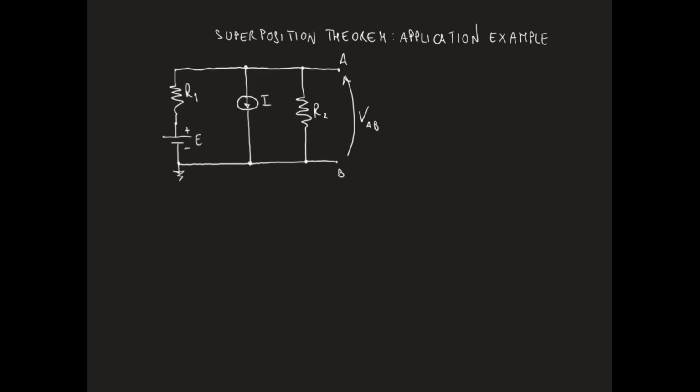In order to calculate VAB in this circuit, we can apply the superposition theorem. We can start by considering the response of the circuit, which is the voltage between nodes A and B, as an effect of the voltage source E alone. In order to do that, we need to switch the current source I off. Once switched off, the current source is replaced by an open circuit.